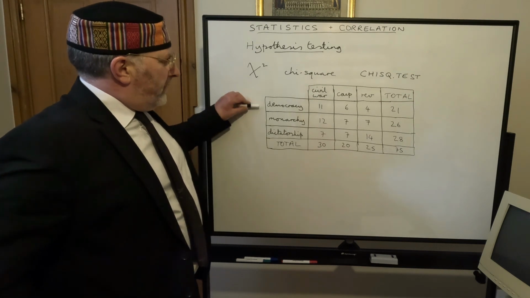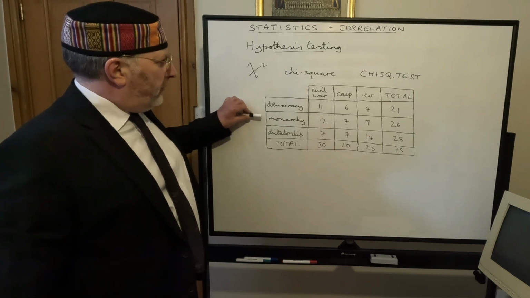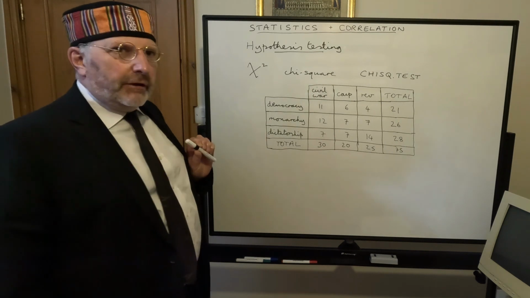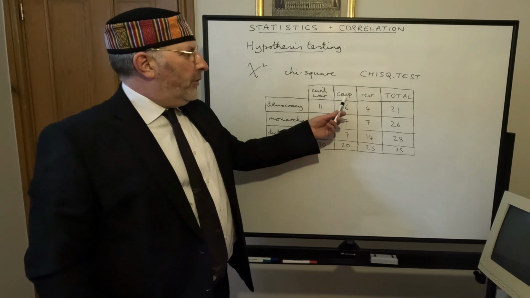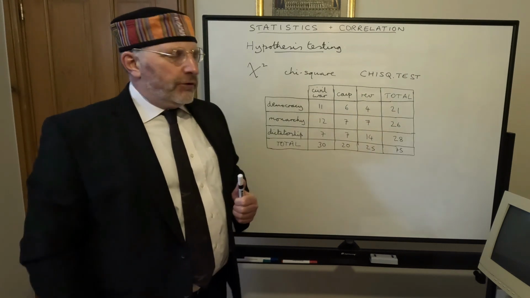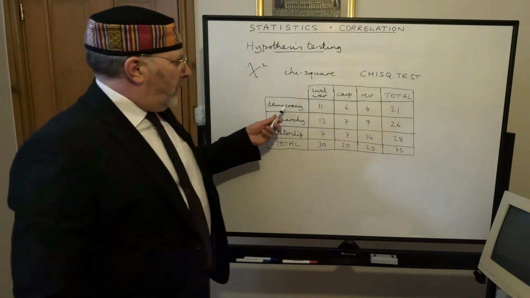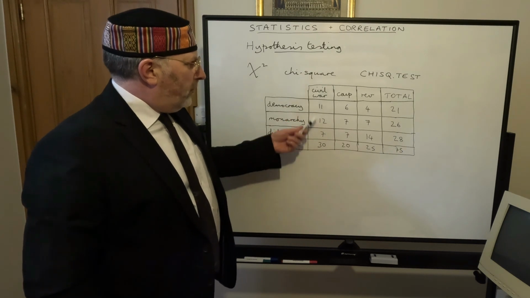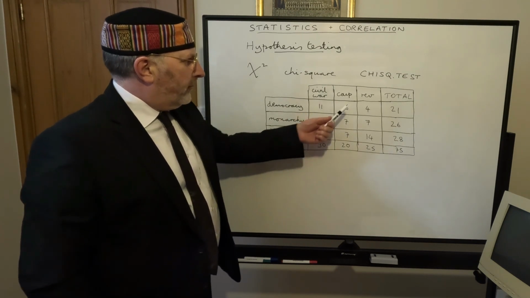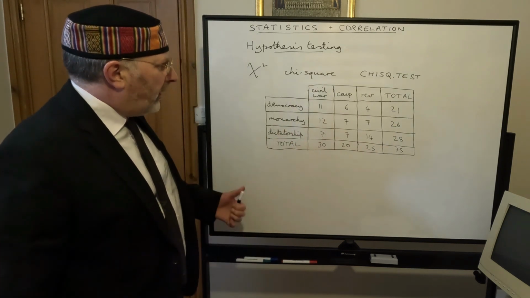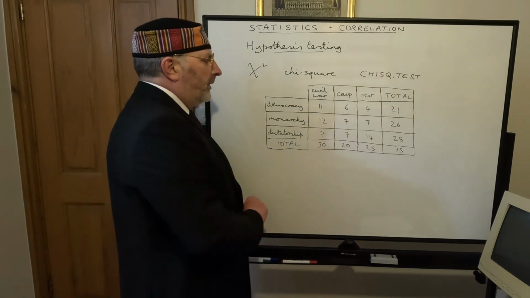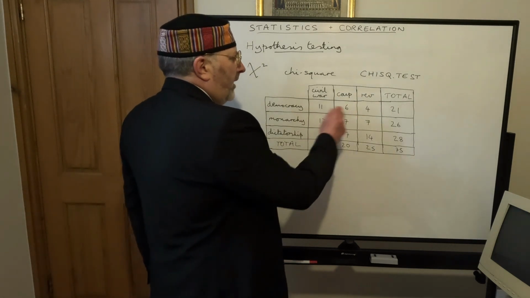The three types of society are democracies, monarchies, and dictatorships. And the types of political violence are civil wars, coups, and revolutions. They've recorded the number of each type of political violence in each type of polity. And so we've got these numbers.